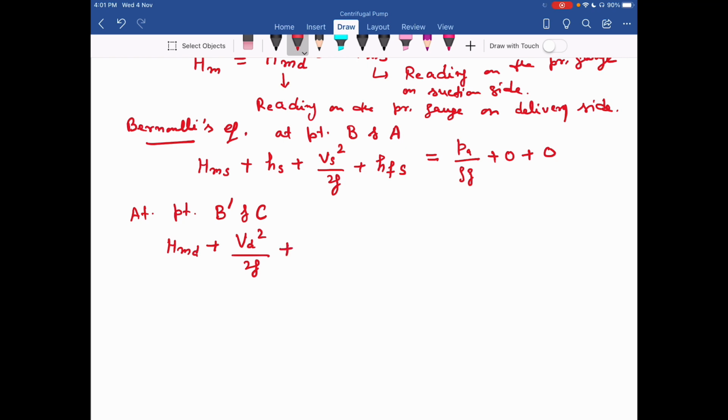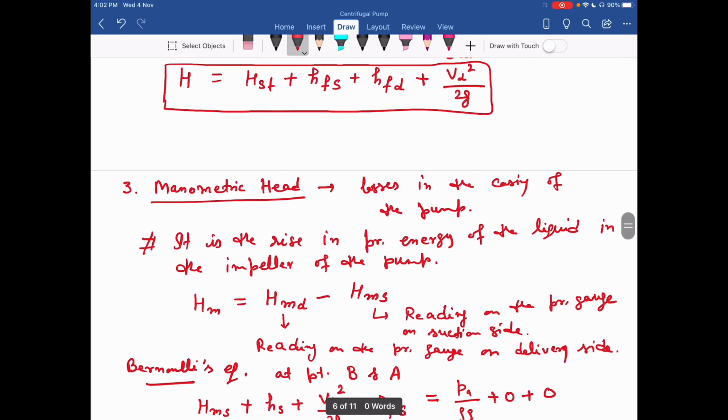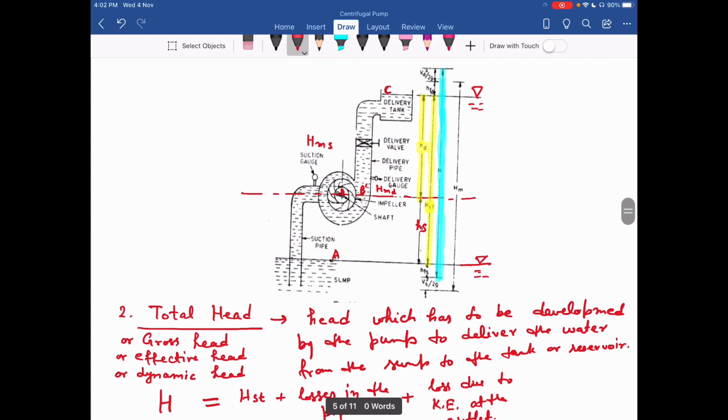Along B dash I can consider the line as the bottom line, so that is 0, equal to the pressure at section C, that is again atmospheric pressure.